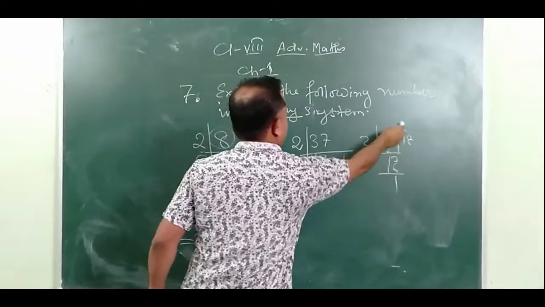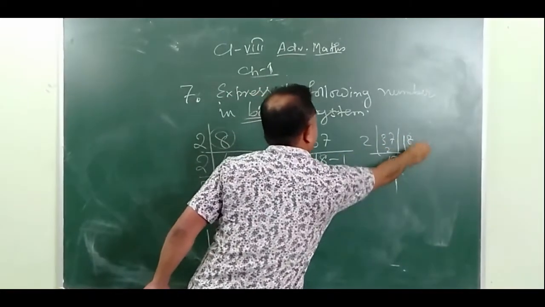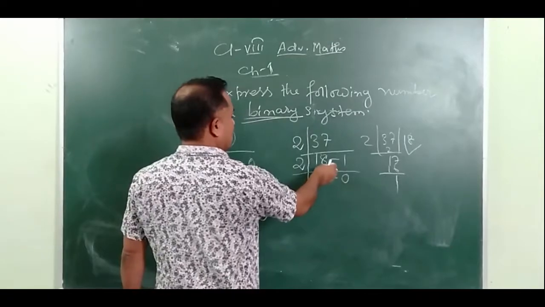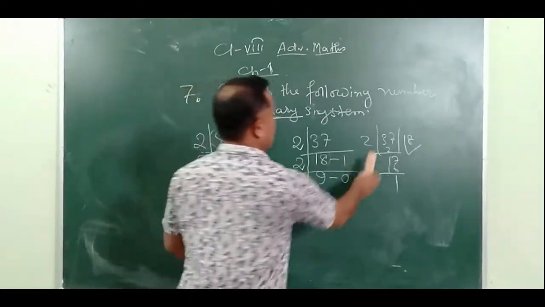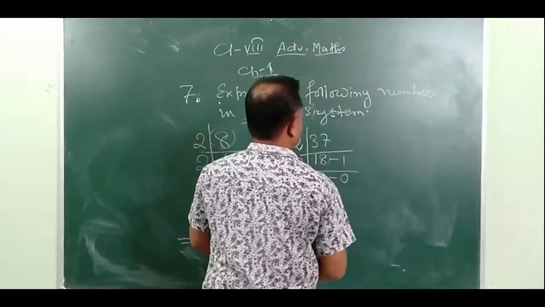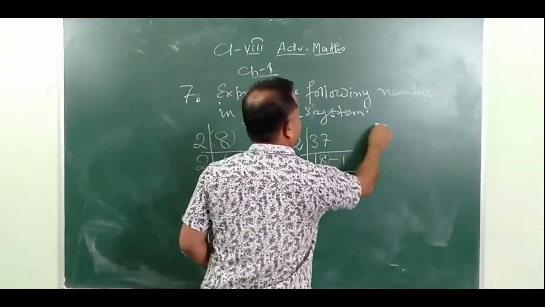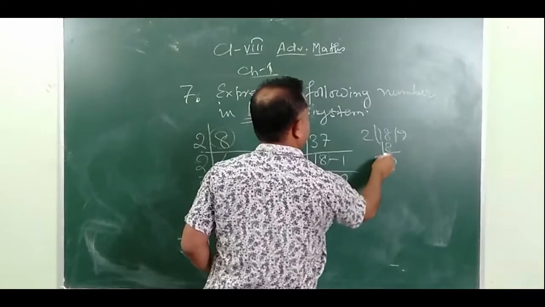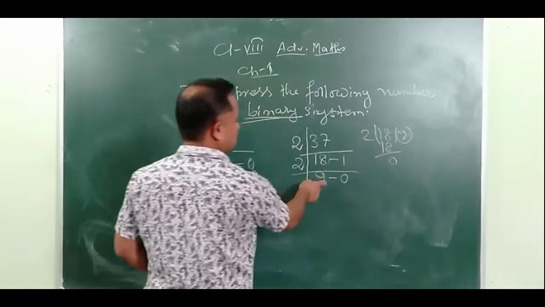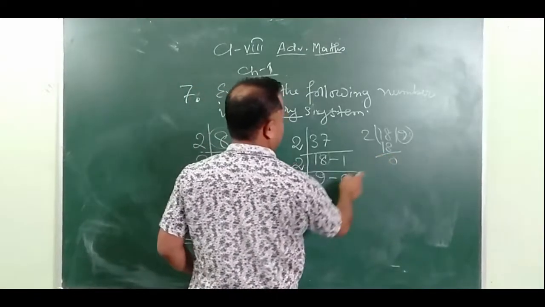So this quotient 18 is here and this remainder 1 is here. In this way, if I divide this 18 by 2, 9 times it goes and the remainder is 0. So this quotient is here and this remainder is here.